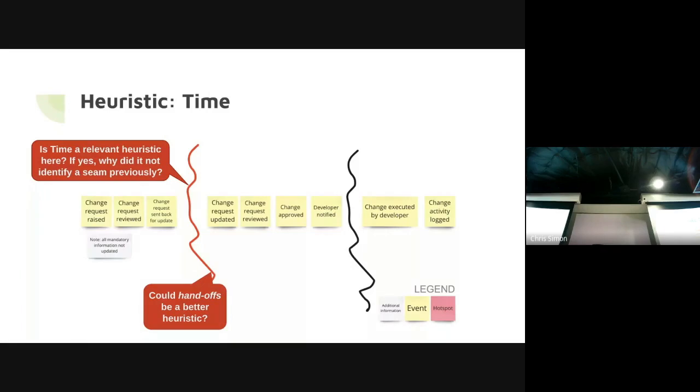And we started wondering, are handoffs a better heuristic? Because if you think of when approvals happen without software systems, which might not be the best analogy because we are talking of software systems, but if you had to push paper to get approvals, there would be a lot of handoffs, and perhaps it is the handoffs that really impact security and not the time of approval versus the time of implementation.